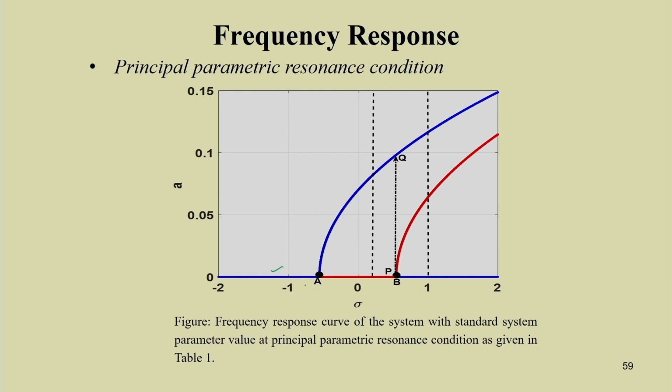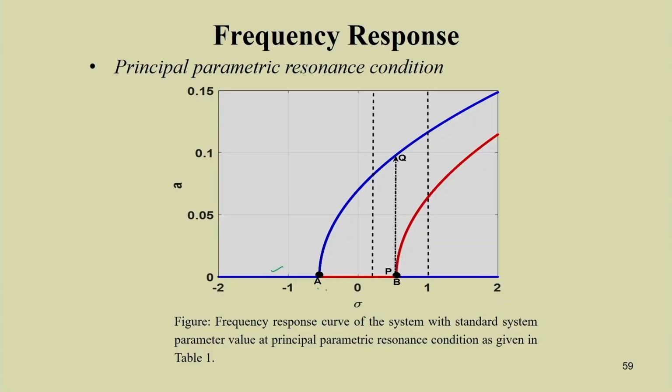That means it will be in its trivial state, and there will be no inflation. There will be no expansion of the artificial muscle. So the artificial muscle will work only in the range of A to B. From 0 to A, it will not work.